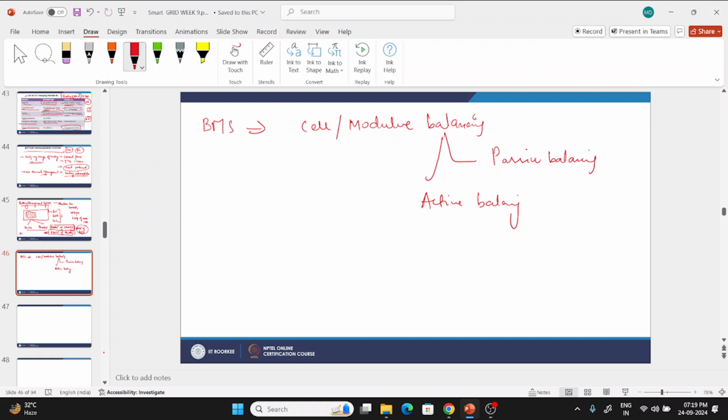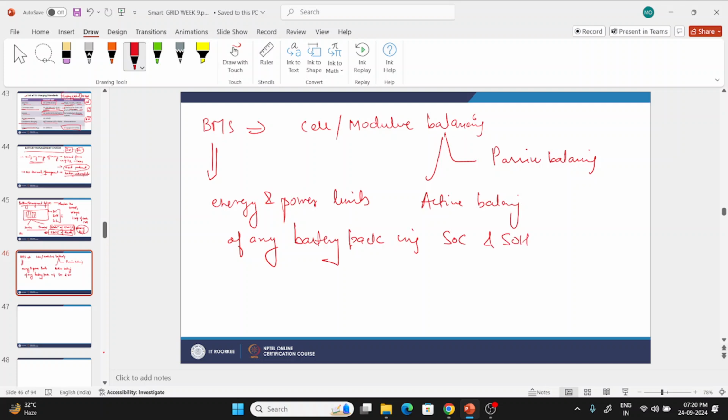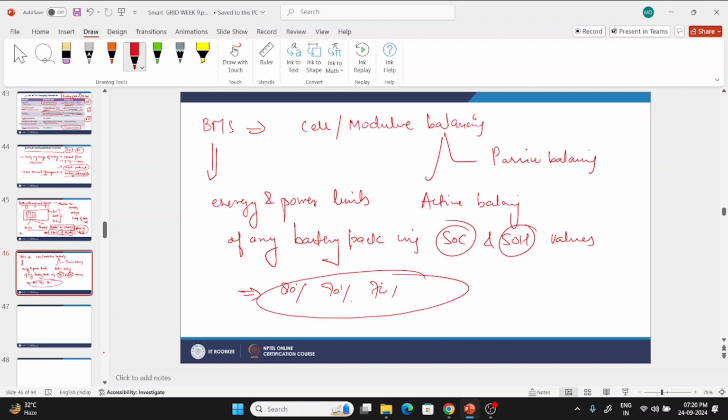It also calculates the energy and power limits of any battery pack using SOC and SOH values. It estimates these values, and based on them it determines that the battery can store energy around 80% or 90% or 70%.